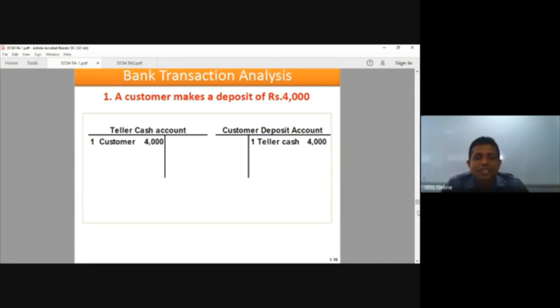Therefore, make sure that you learn the characteristics of an asset, liability, equity, expense, income, right? After 4 days of lectures, on the final day, I will again ask someone whether loans and advances are assets or liabilities. If somebody tells me it is a liability, then what can I do? Therefore, make sure that you 100% learn the basic accounting, right?